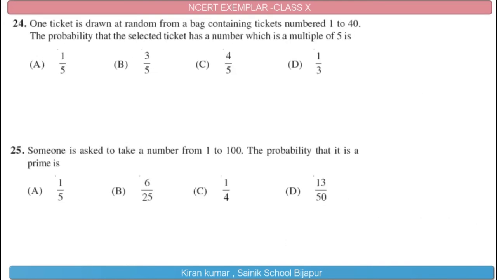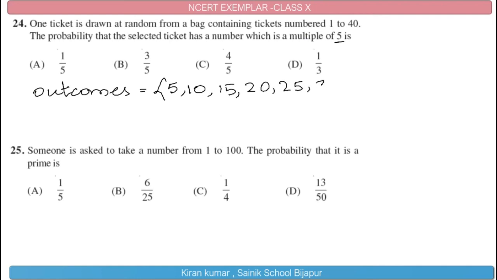Question number 24. One ticket is drawn at random from a bag containing tickets numbered 1 to 40. The probability that the selected ticket has a number which is a multiple of 5 is. We need to identify the outcomes. The multiples of 5 between 1 and 40 are 5, 10, 15, 20, 25, 30, 35, and 40.